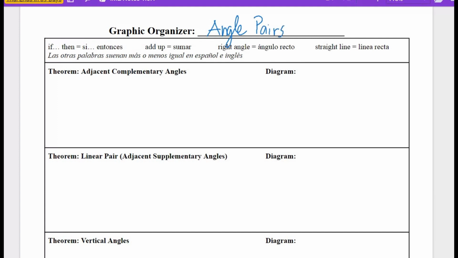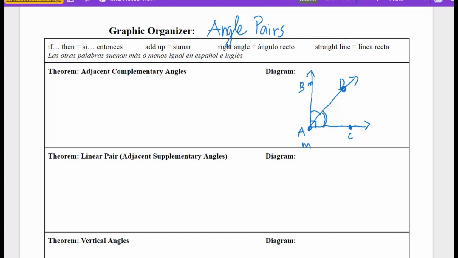First theorem is adjacent complementary angles. Start with a little drawing. Suppose I have a right angle, angle BAC, which is bisected, creating angles BAD and angle DAC.